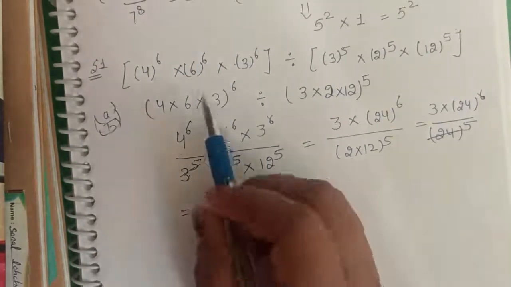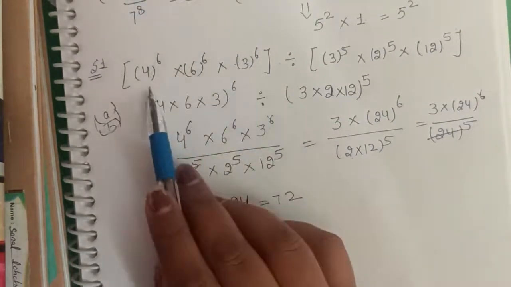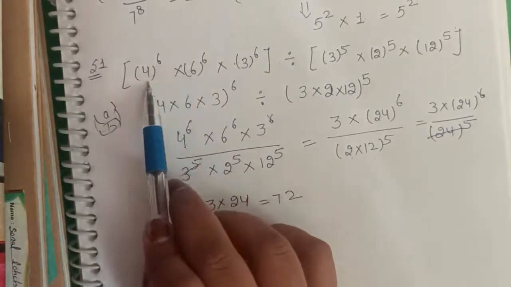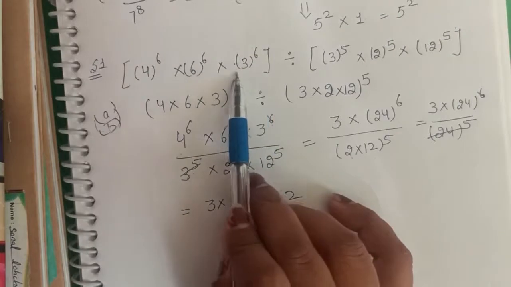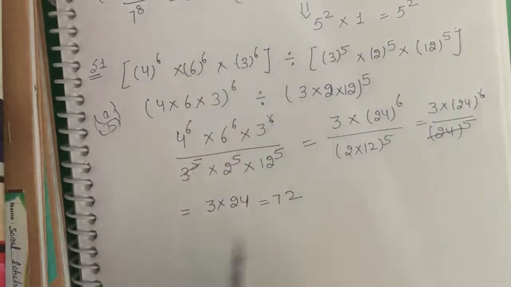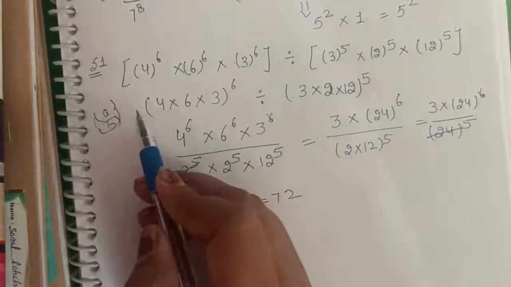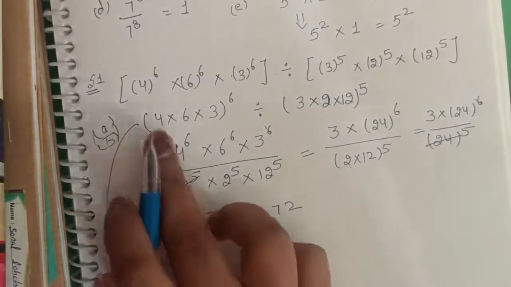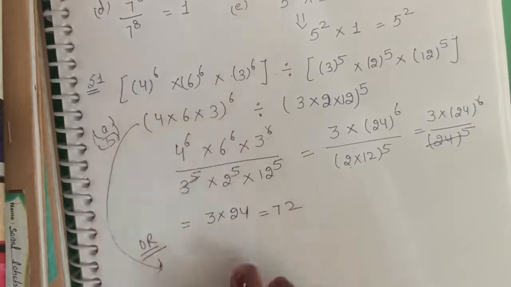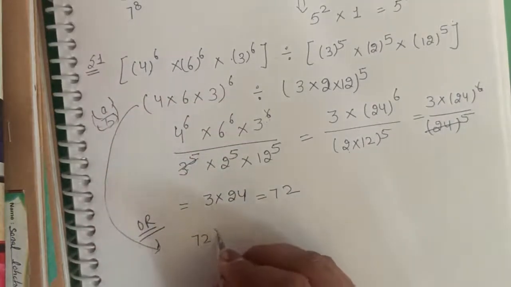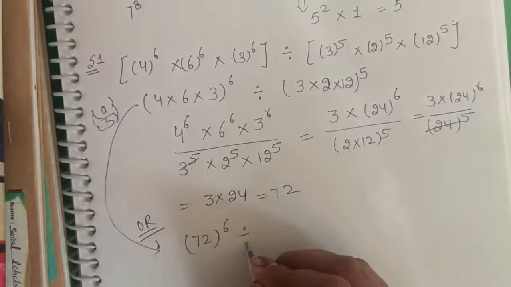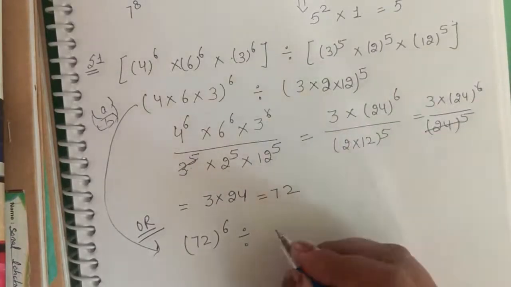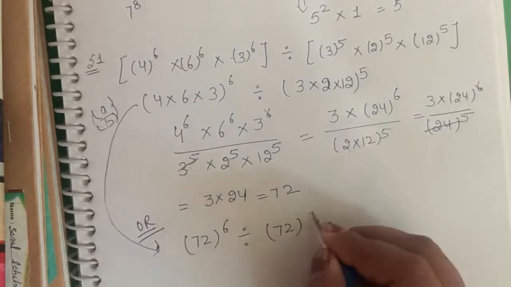Once again, see students, here the power of every base is the same. If you want like this, 6 4s are 24, 24 3s are 72. You can write directly also. Here I am telling you another method. By this also you can write 4 6s are 24, 24 3s are 72 to the power 6 divide by 3 2s are 6, 6 12s are 72 to the power 5.